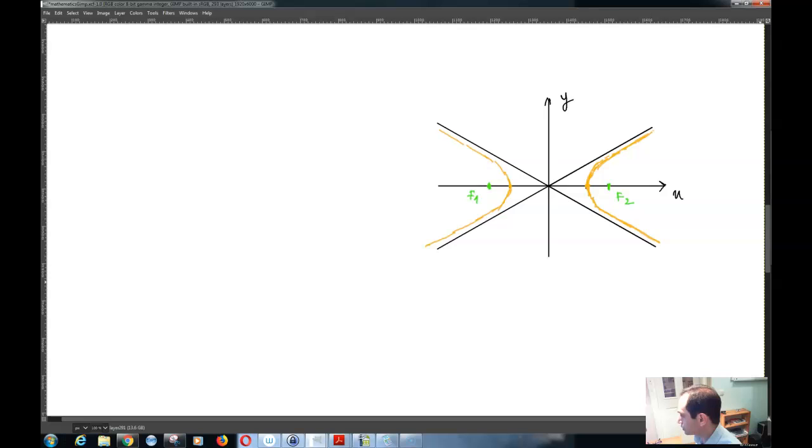So this line segment over here, which is perpendicular to the transverse axis, and the endpoints of that line segment lie on the hyperbola itself, and it is perpendicular to the transverse axis and passes through any of the foci, is called the Latus Rectum.